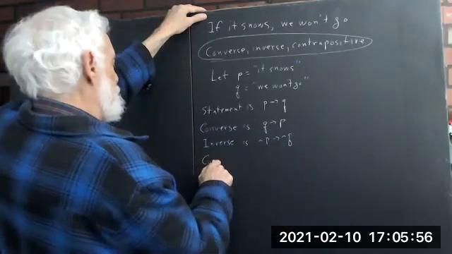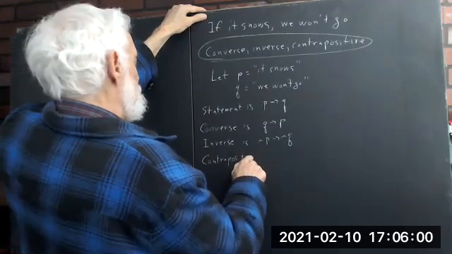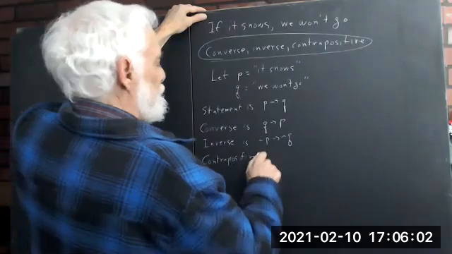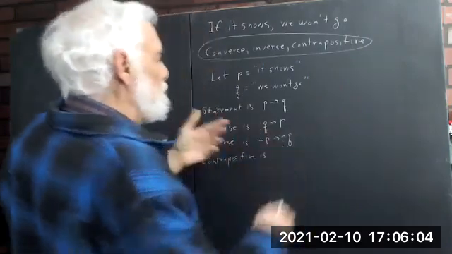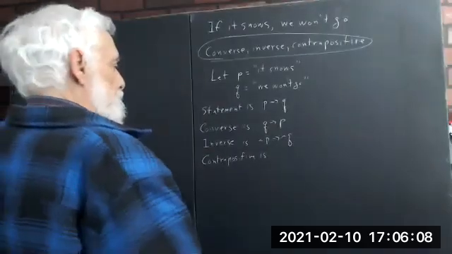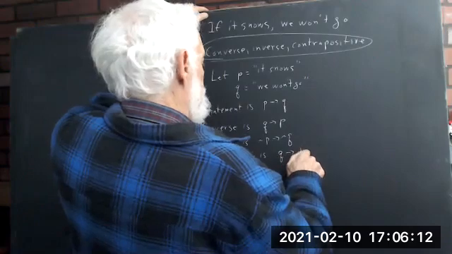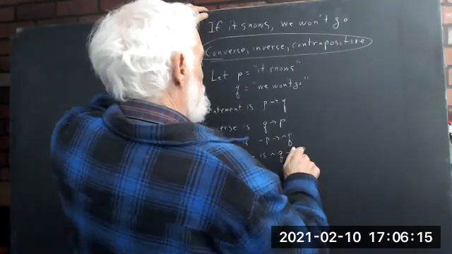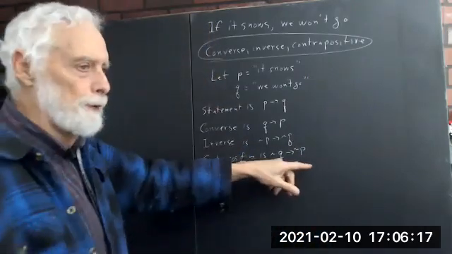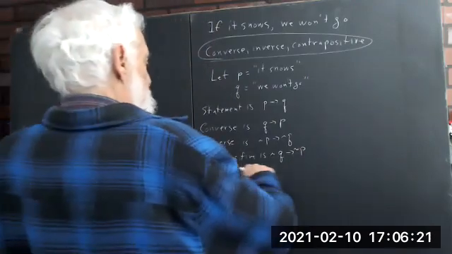And the contrapositive is what we get when we do both of these things. We reverse the order and we negate everything. So reversing the order would give us if Q, then P, and then we negate those. So it's if not Q, then not P.